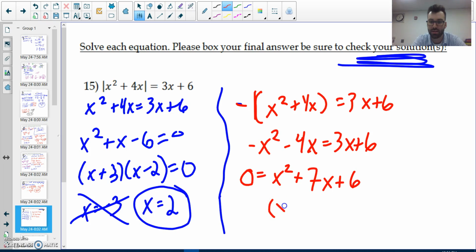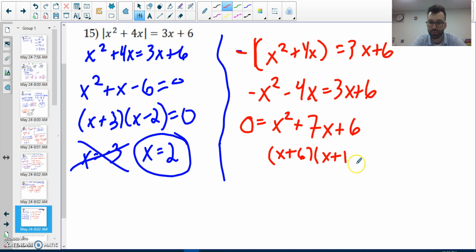Two numbers that multiply to 6 and add to 7: x plus 6, x plus 1 equals 0. So x equals negative 6 and x equals negative 1.